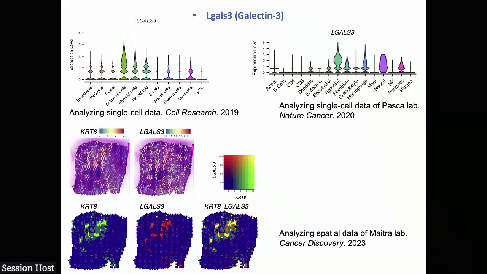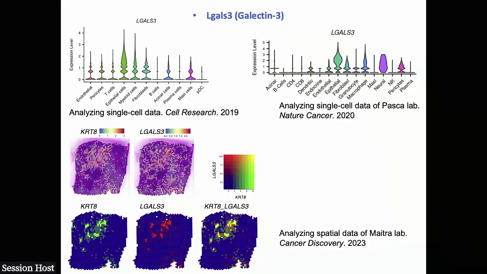So first, we analyzed the human data sets, either the Chinese data published in Cell Research, as well as the NINAS data published in Nature Cancer. Both are human pancreatic cancer. We see that galectin-3 is highly expressed mostly in myeloid cells and macrophages, but it is also highly expressed by cancer cells.